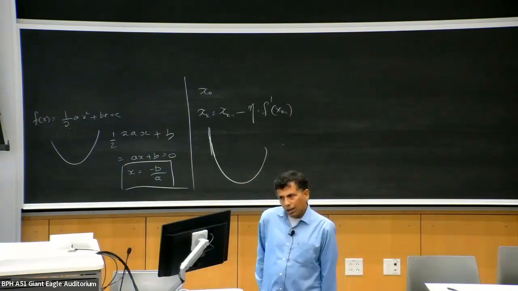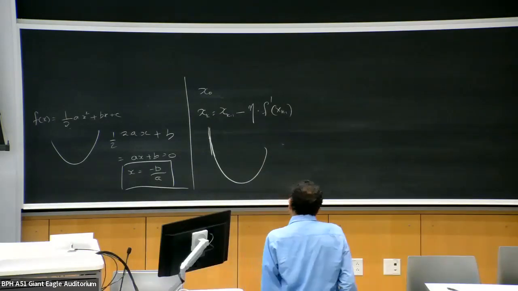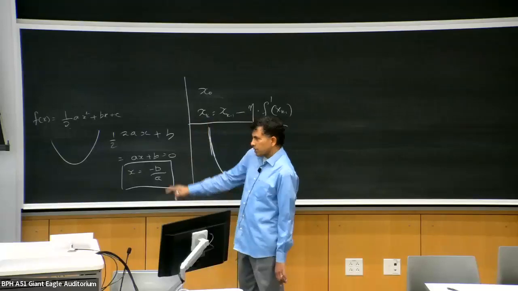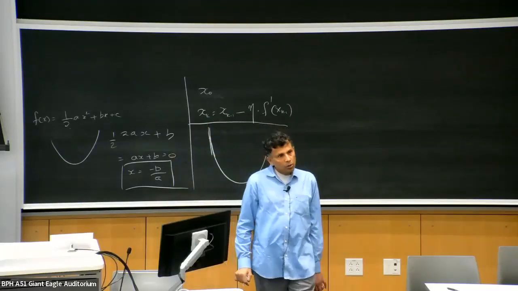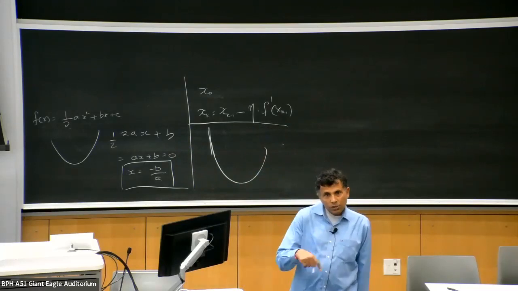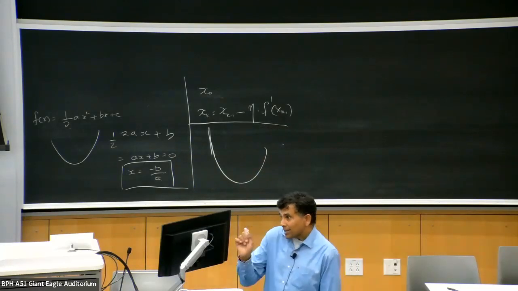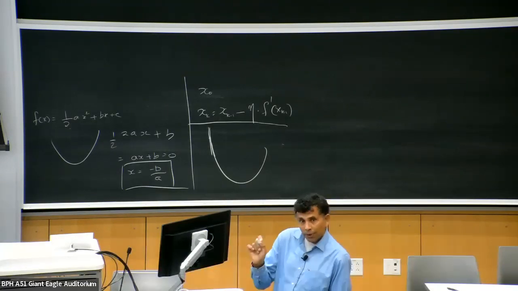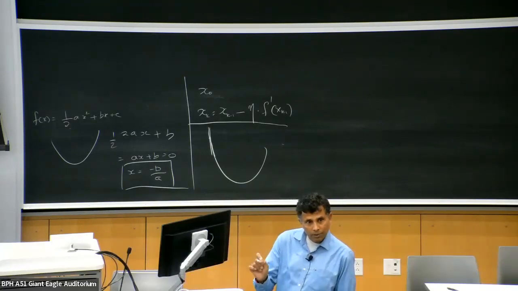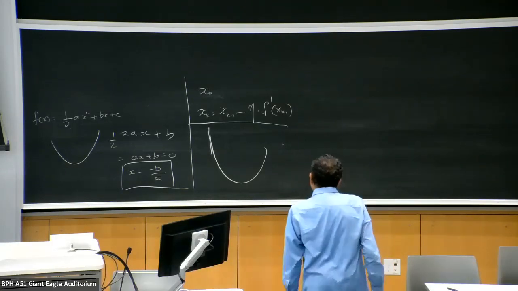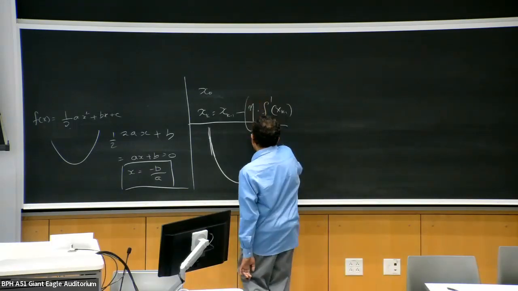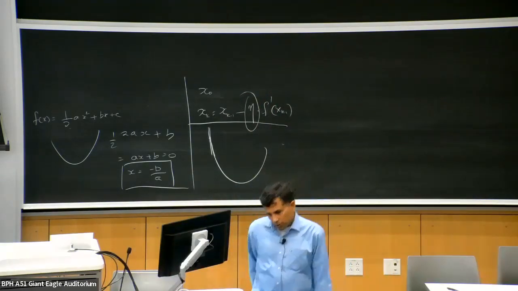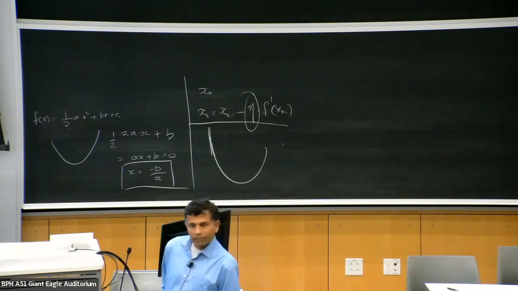So now, if I'm using this update rule, instead of solving for the global optimum directly, if I'm actually using gradient descent, is there a step size eta such that I will get to the solution in a single step? Meaning, is there a value for this parameter such that regardless of where I start from, I'll get to the global optimum in a single step?